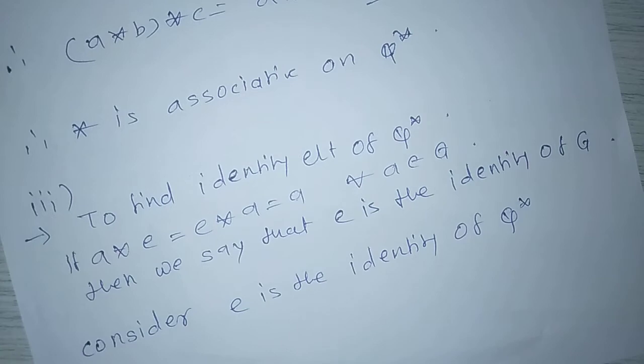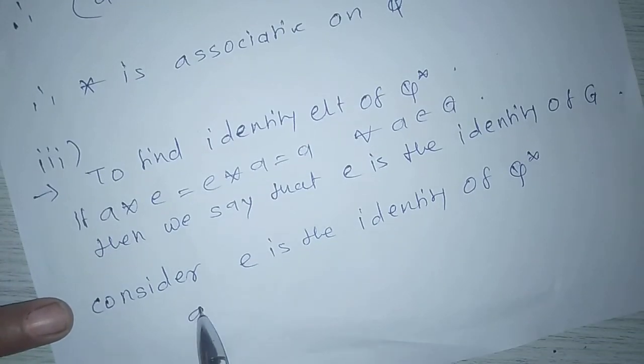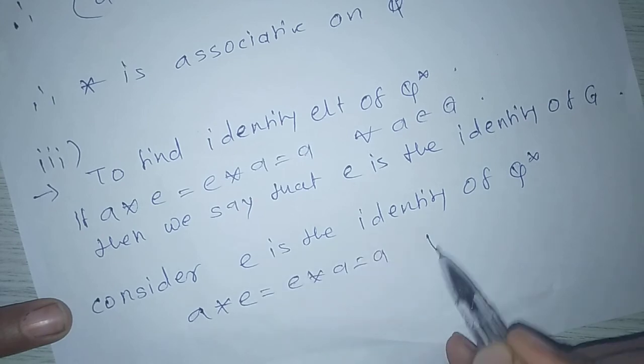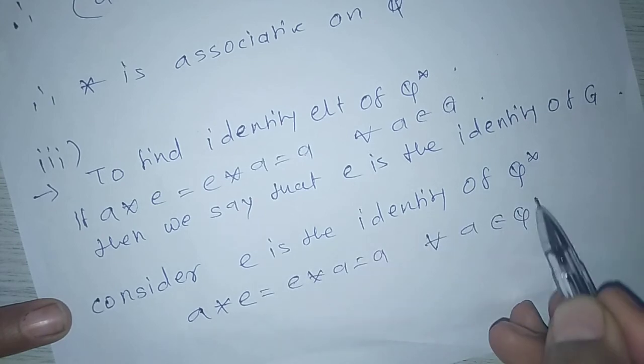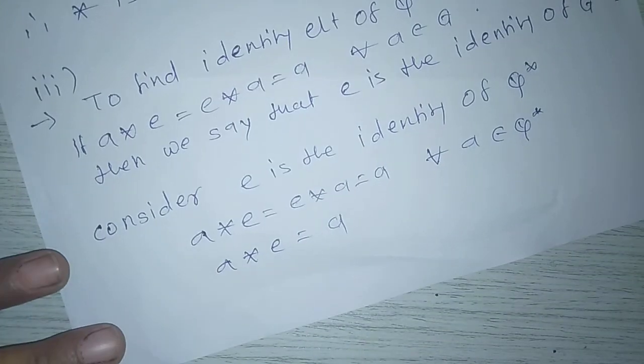Therefore, A star E equal to E star A equal to A for all A belonging to Q star. A star E equal to A.